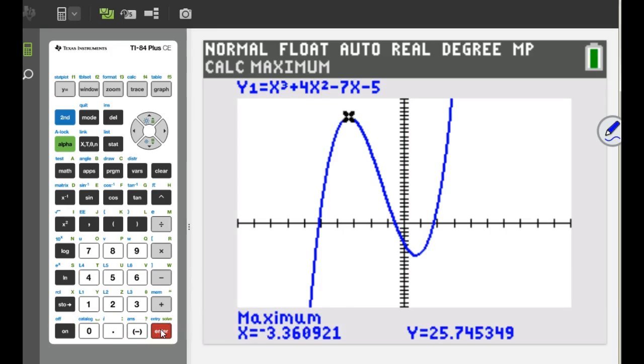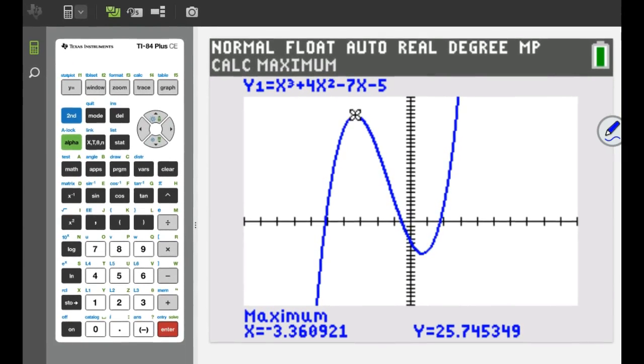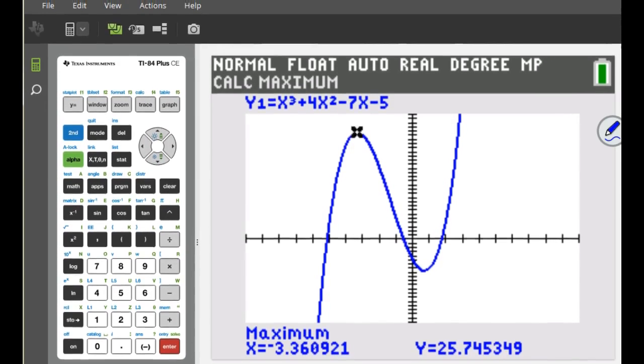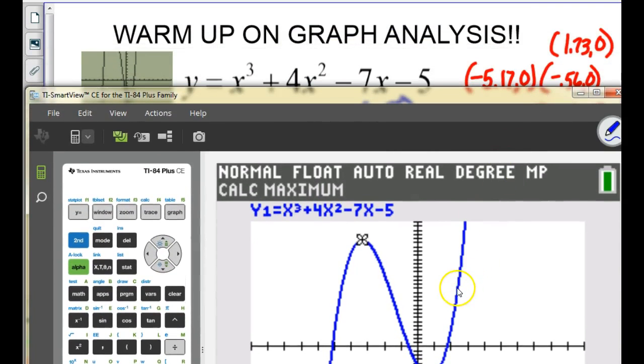Anybody get -3.36 and 25.75? Can you, does it say guess or?